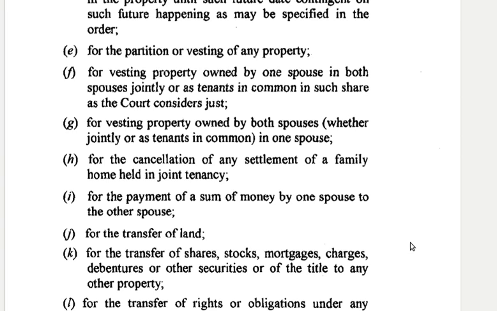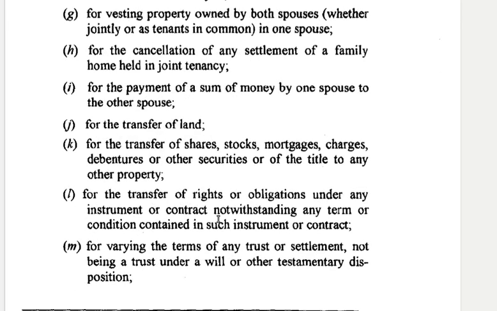Now, debenture, from information I see online, is an unsecured loan certificate issued by a company. So it's an unsecured loan. Even that, the court can order that it be transferred to the other spouse.